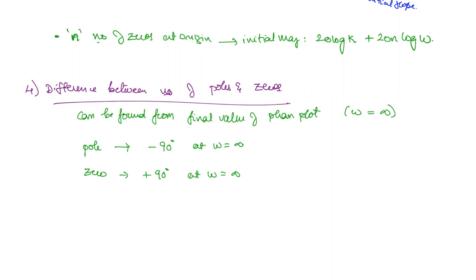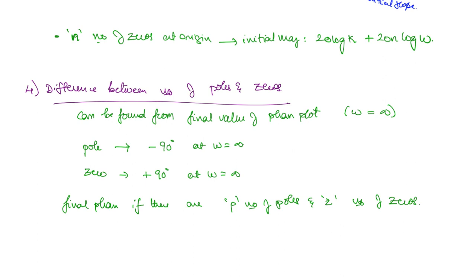This can be any pole or zero, at origin or not at origin. So what will be the final phase if there are p number of poles and z number of zeros?